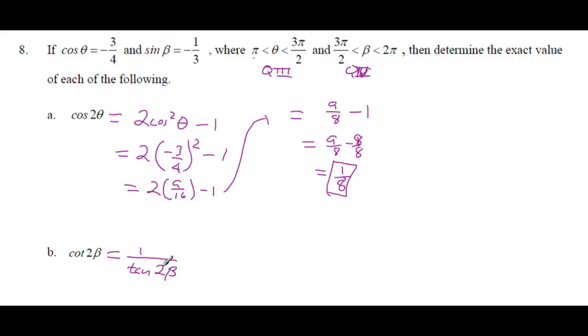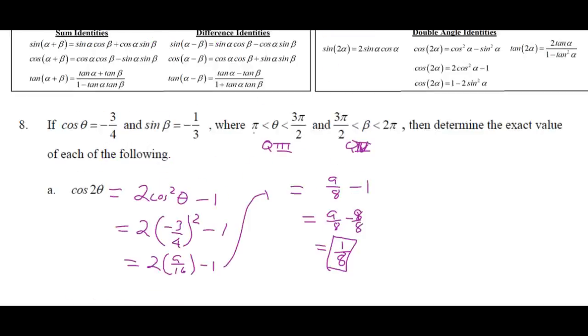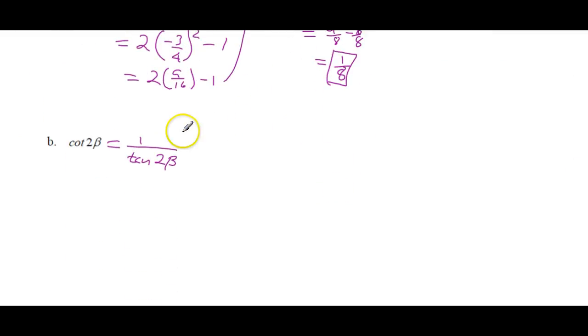All right, well, we know what tan of 2 beta is, right? We have a formula. It's up here. The double angle. This time we're using beta, so it's going to be 2 tan beta over 1 minus tan squared beta.